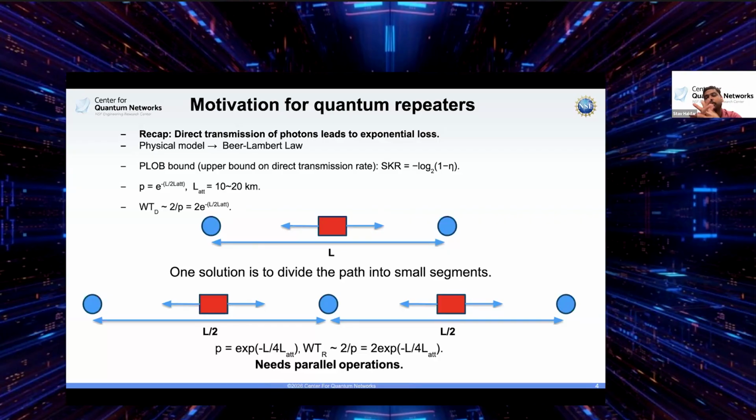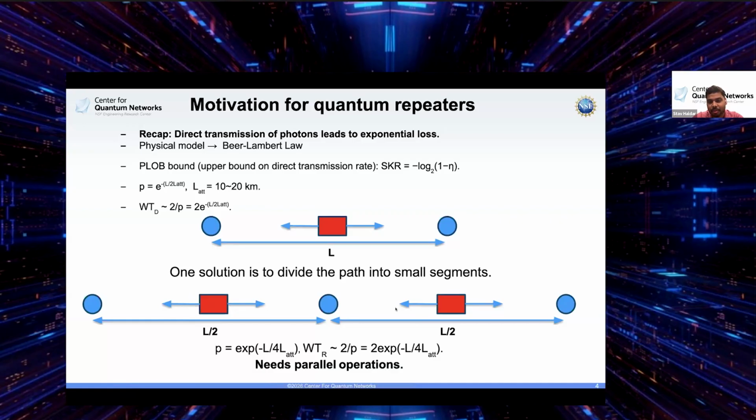Now, one solution to this problem is that you can say, okay, maybe I can't go through the whole distance L. Maybe I should divide it into parts. So say you decided to divide it into two parts, in which case the probability for each section will increase quadratically.